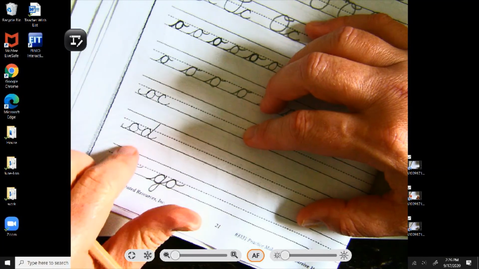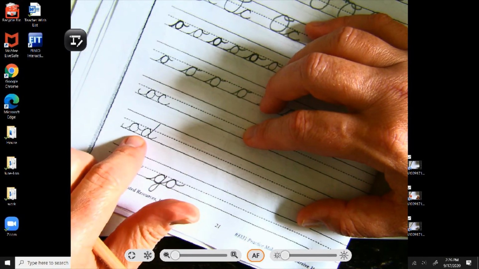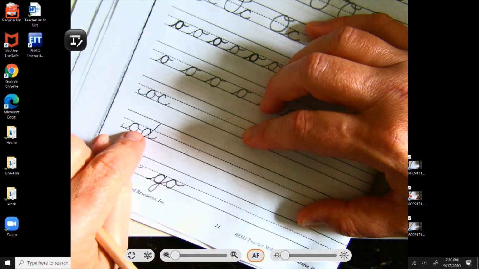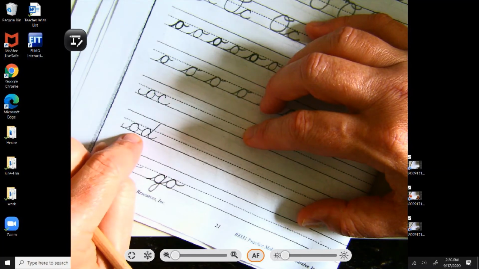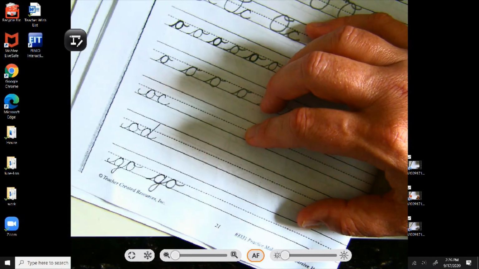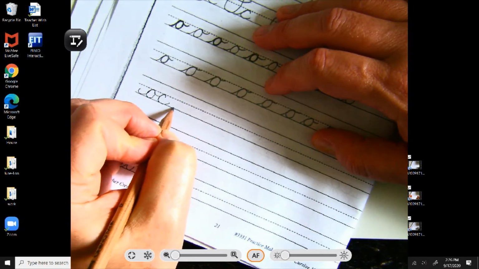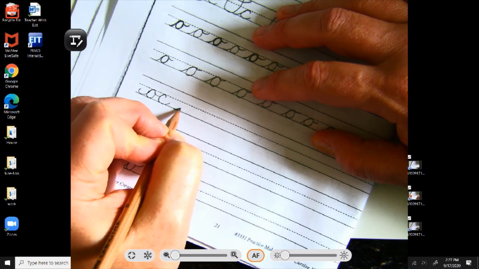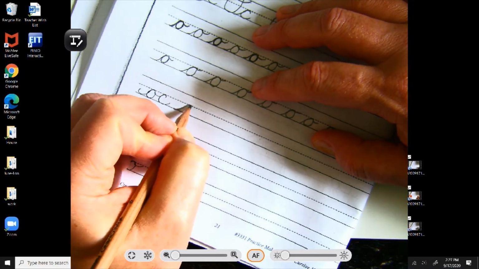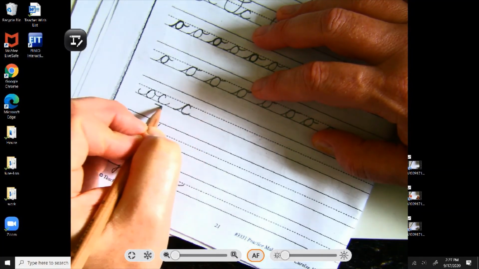Now, on these two, you'll notice the O is first. So look how there's a little difference here. That kick out tail is really toward the middle dotted line. So you form the next letter right off of that. So instead, scholars, of baseline, up, and over to make the C, right? This is a C right here.